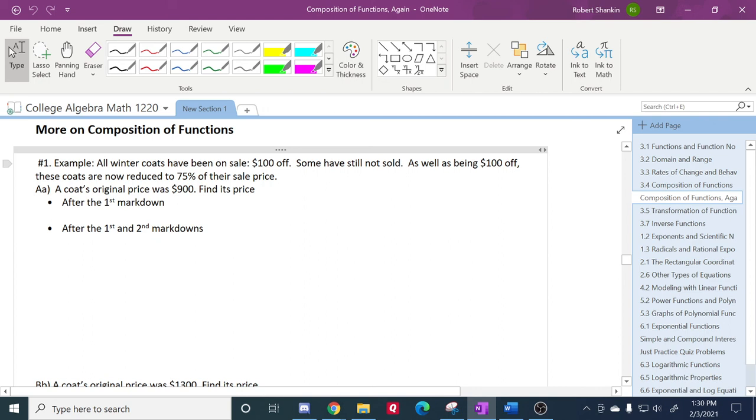Okay. So a coat's original price was $900. Find its price after the first markdown and after first and second markdowns. So go ahead and work on this on your own.